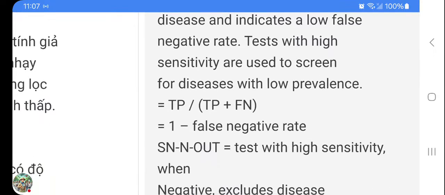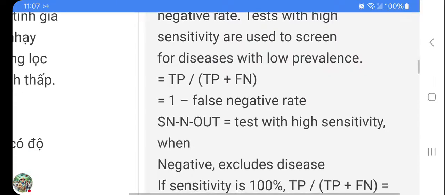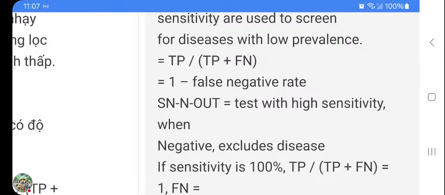So what's the formula? It can sound complicated, but simply, what is sensitivity? The formula equals true positive over the total of true positive plus false negative. What do they mean by that?